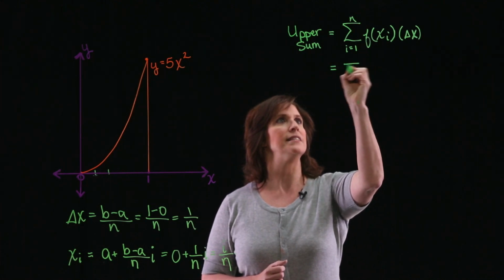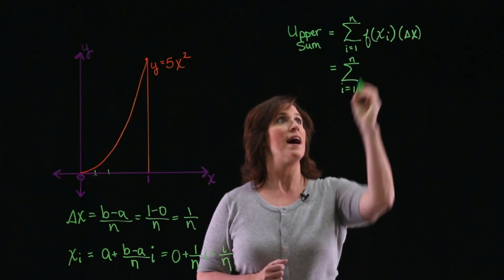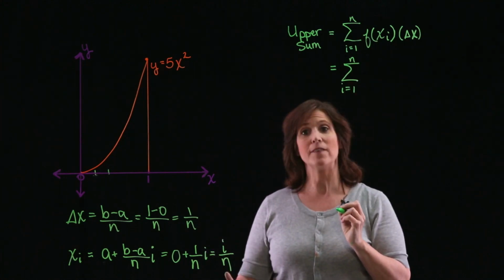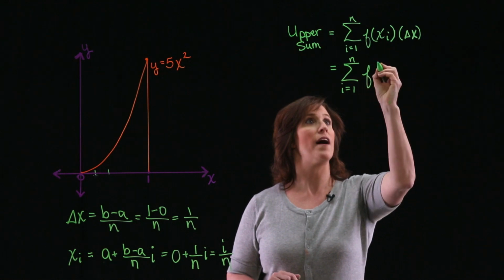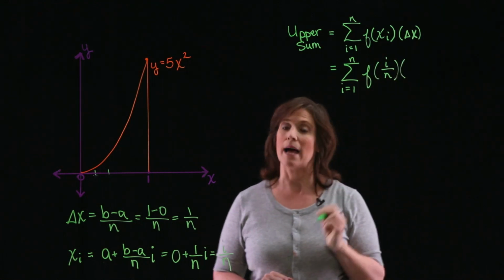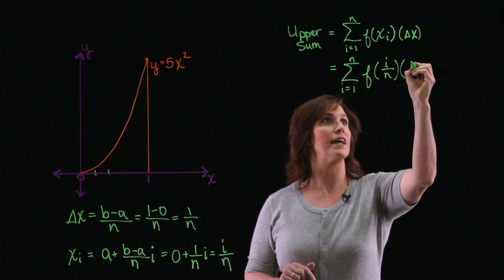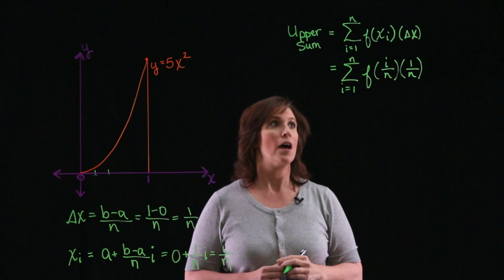Okay, so let's fill in the details for this problem. I have the sum from i equals 1 to n of f of x sub i. I've calculated that x sub i will be i over n for this problem. So f of i divided by n times delta x, which I've calculated for this problem to be 1 over n.